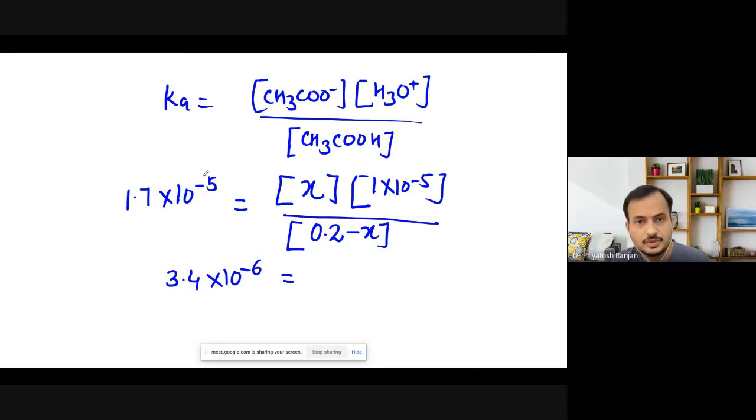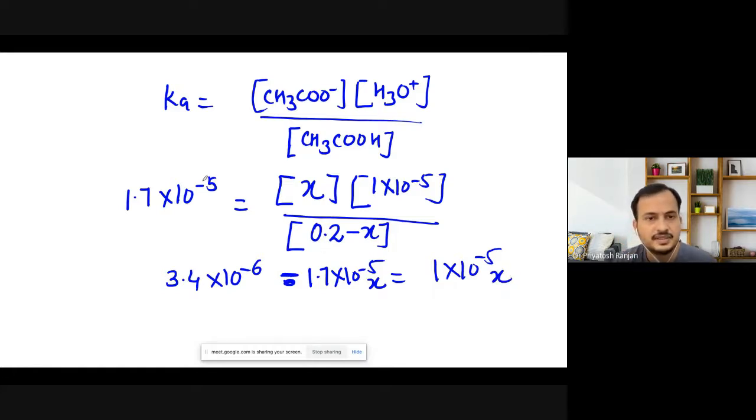I also need to consider this X term on the left hand side. So it's going to be minus 1.7 into 10 raised to the power minus 5 X equal to 1 into 10 raised to the power minus 5 X. I'm just solving this equation.